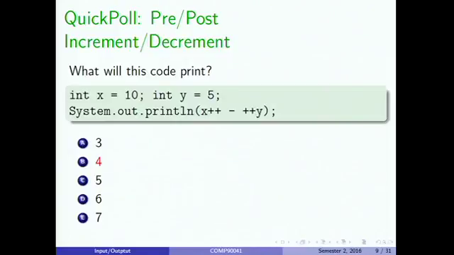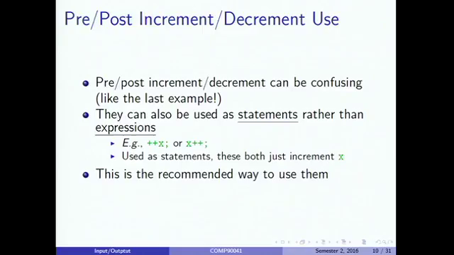So after this, X is 11, and Y is 6. But the value of this is 10. The value of that is 6. So 10 minus 6 is 4. And that's why 4 is the right answer. But really the point of this is it's confusing. So don't do that.